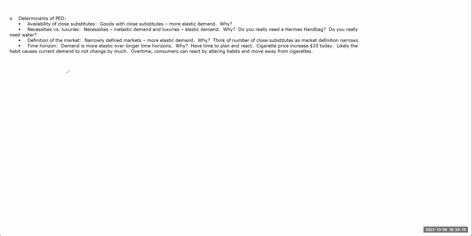Let's have 3 different definitions of market, going from narrow to super wide. Let's say this is broccoli, and this is green veggies. And the most widely defined is food.